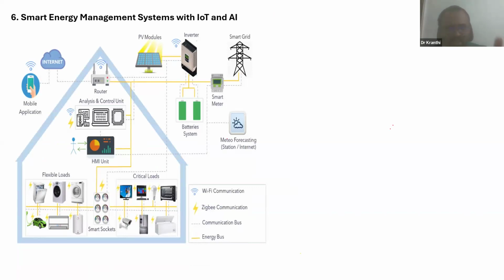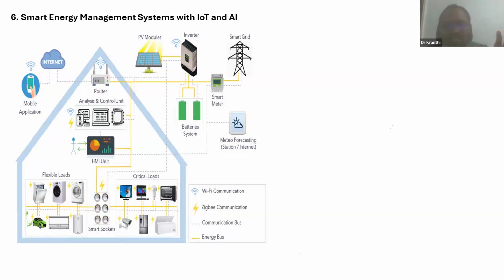So in this figure, I can say it is a smart home energy management system that integrates various components which are useful to optimize power usage and efficiency, because every time it is not possible to manually switch the systems off or on. For example, if the AC is working inside the room and, by using a camera, we capture that no persons are there, the AC should automatically switch off.